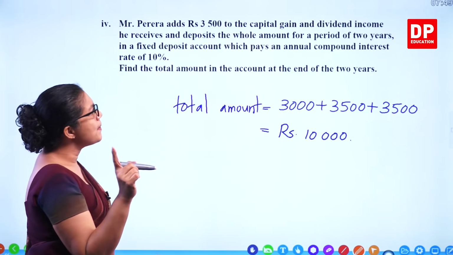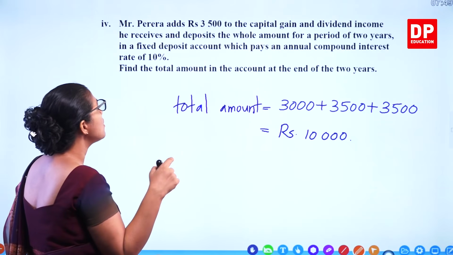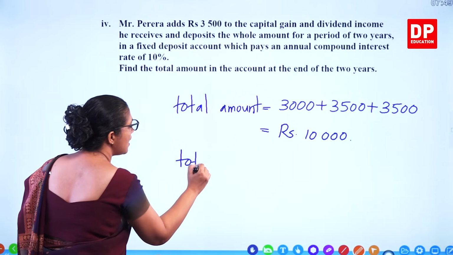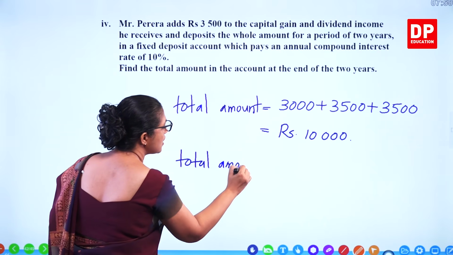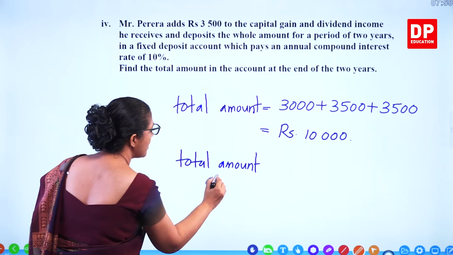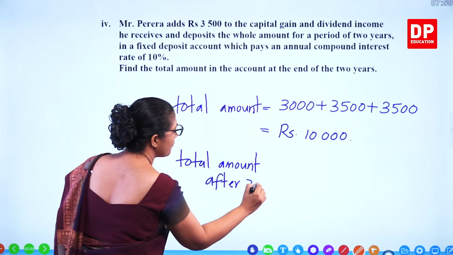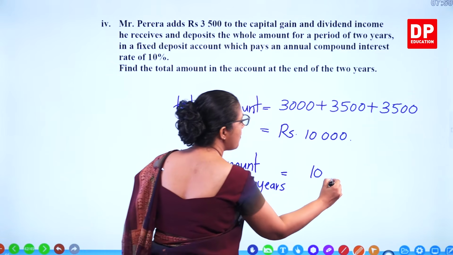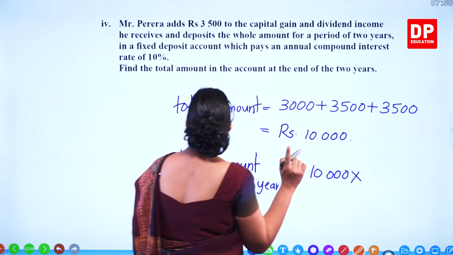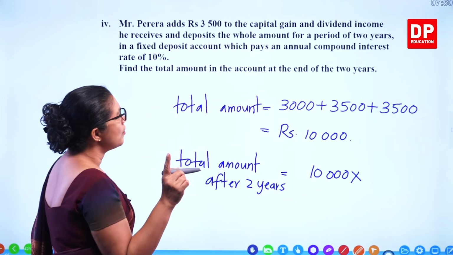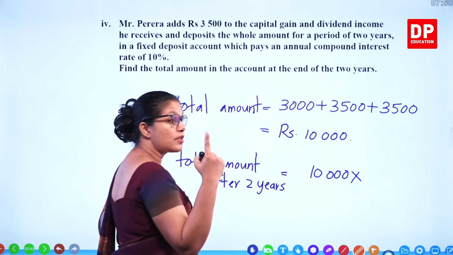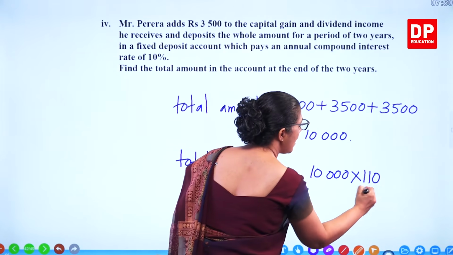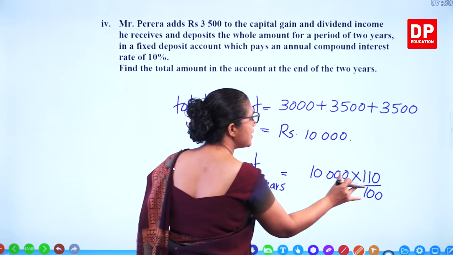So that's 10% compound interest. Find the total amount in the account at the end of the 2 years. So the total amount after 2 years. How do you do that? This is the deposited amount. And 10% annual compound interest means if you give 100, you get 110. 110 over 100. This is for 1 year.